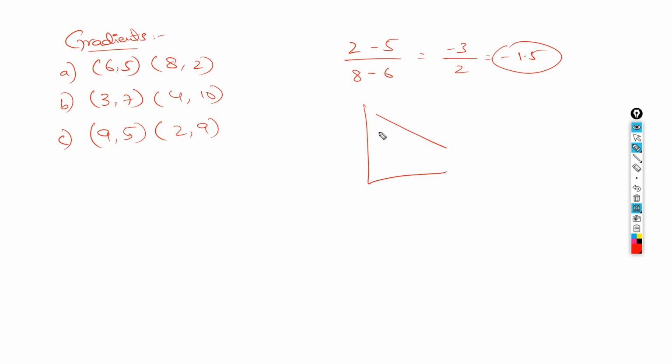We can do it according to the line. We can take these points 6 and 5 and plot over here, and 8 and 2 we can plot somewhere over here. How to find the equation of the line, we'll do it later on, but this is basically how you'll get your line, right? So negative 1.5 is the gradient, or negative 3 over 2 is the gradient for the first one. Try these two and let me know if you get this correct or not.